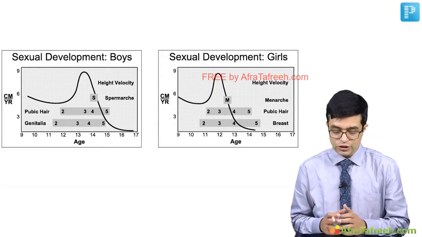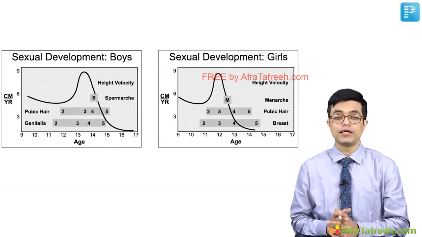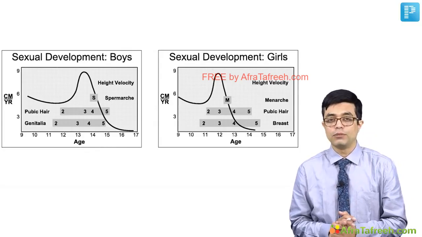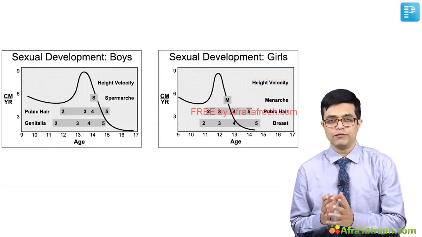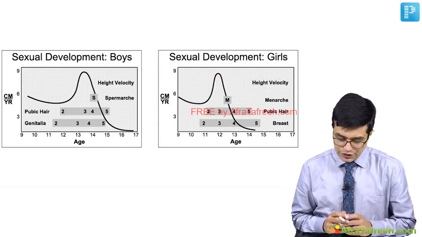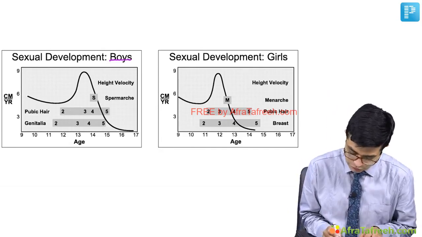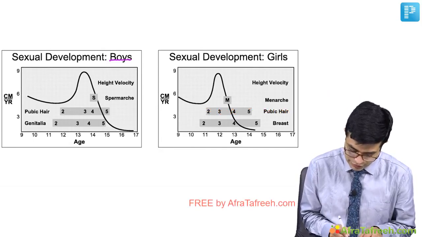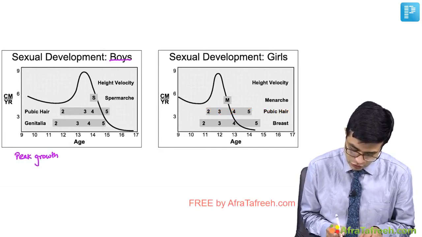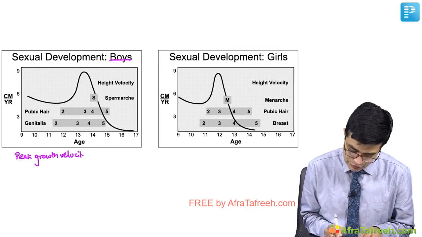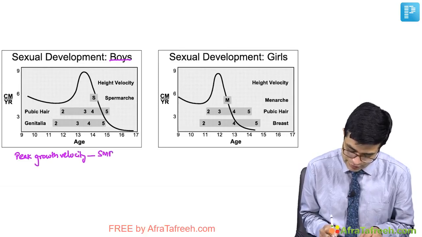Now moving to the sexual development in boys and girls as shown diagrammatically. These are the graphs taken from the American Academy of Pediatrics review article. If you see carefully, let's look at the boys first. The peak growth velocity: when is the peak growth velocity coming? In boys, if you see this graph, peak growth velocity comes between SMR stage 3 and 4.